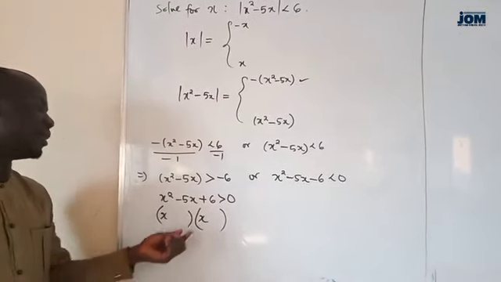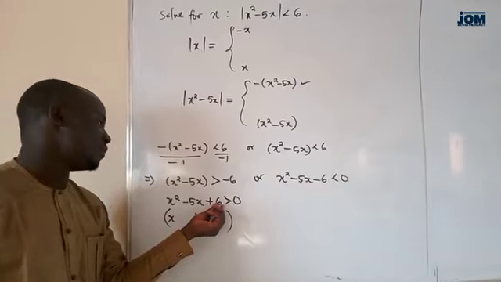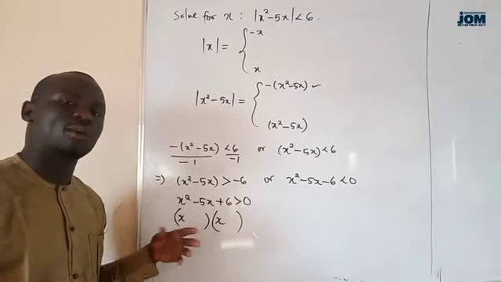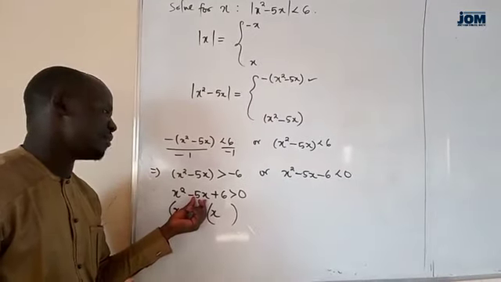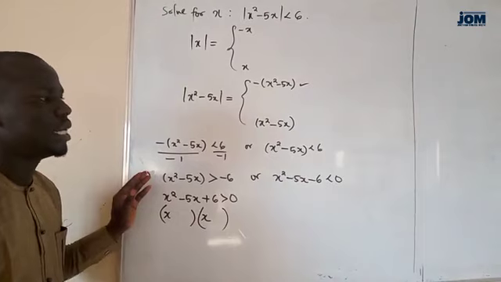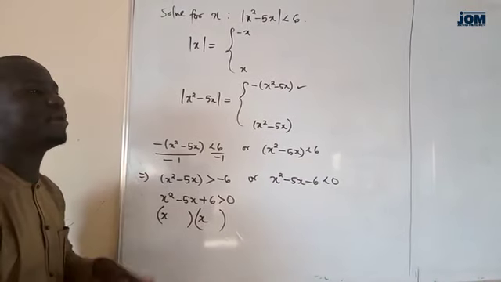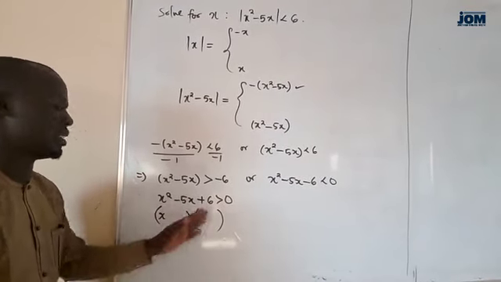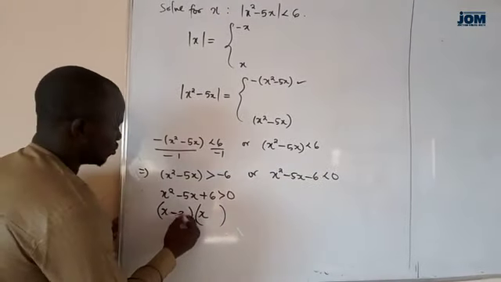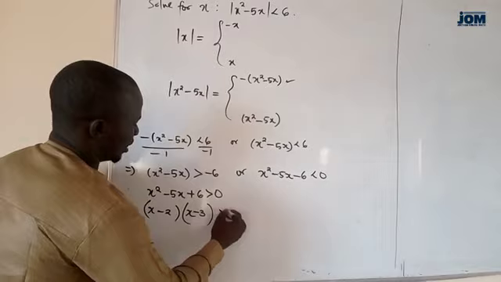Now, we need to find the factors of the product of x squared and 6 such that when we add them, it will give us minus 5x. Those numbers are minus 2 and minus 3, because when we multiply minus 2 and minus 3 we get 6, and when we add them, we get minus 5. So we have x minus 2 and x minus 3, all greater than 0.